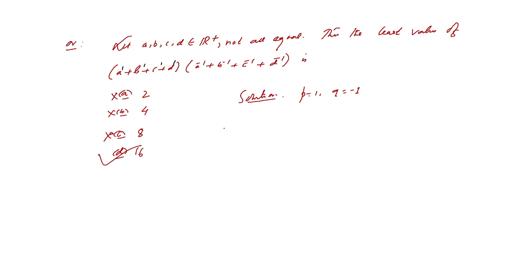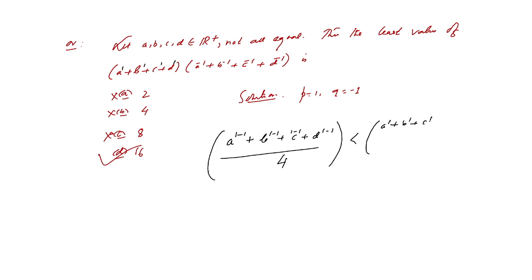So the inequality will be: a to the power p plus q, that means 1 minus 1, plus b to the power 1 minus 1, plus c to the power 1 minus 1, plus d to the power 1 minus 1, by 4. Because it is opposite sign, this is less than (a to the power 1, b to the power 1, c to the power 1, d to the power 1) by 4, multiplied by (a to the power minus 1, b to the power minus 1, c to the power minus 1, d to the power minus 1) by 4.